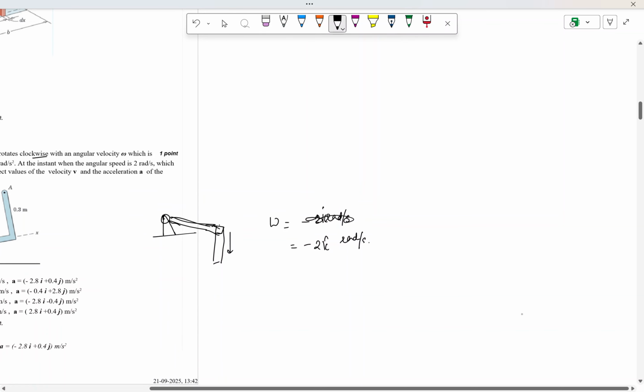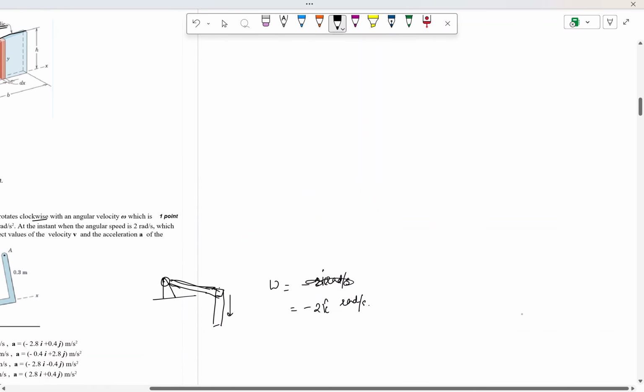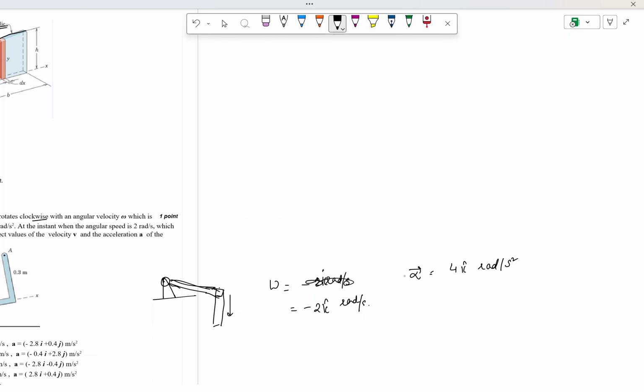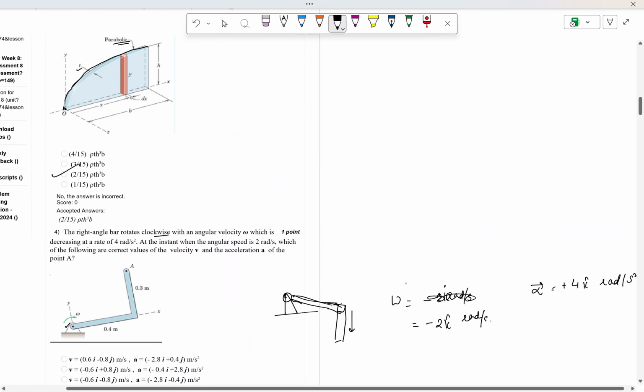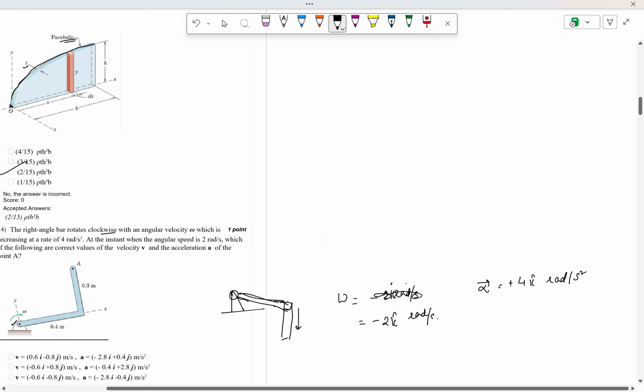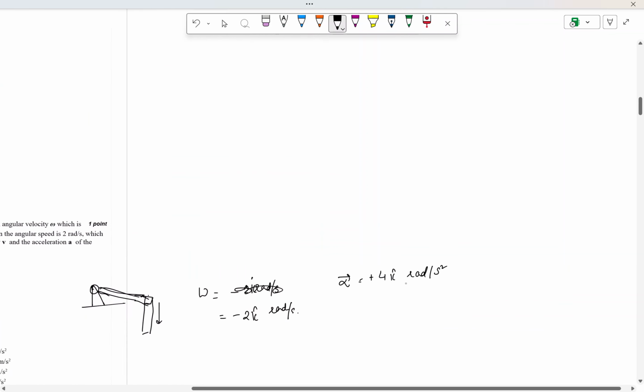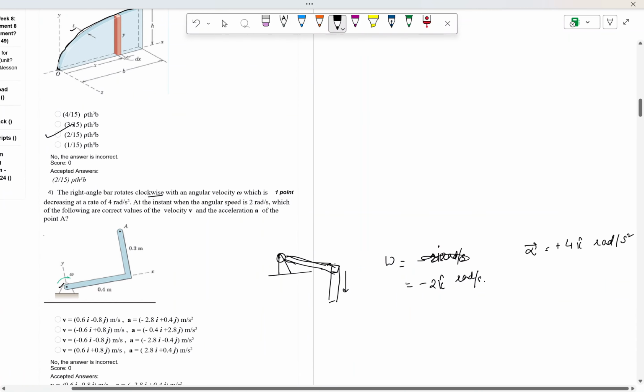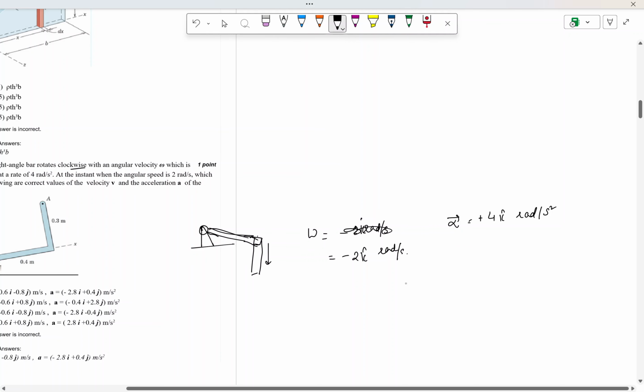So from here you see that the angular speed using the right hand rule gives omega equal to minus 2 k cap radian per second, and the angular acceleration is also given as, and this has no minus sign, this becomes plus, because otherwise it is said in the question that the rate of decreasing of the angular velocity, that means it is not an acceleration, that is why the sign will be reversed.